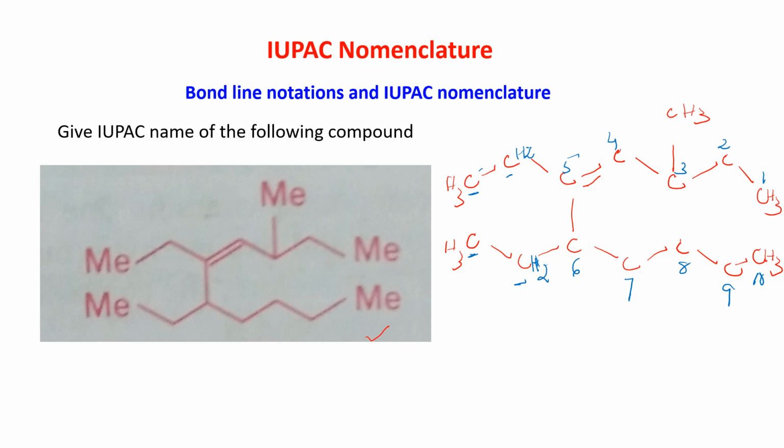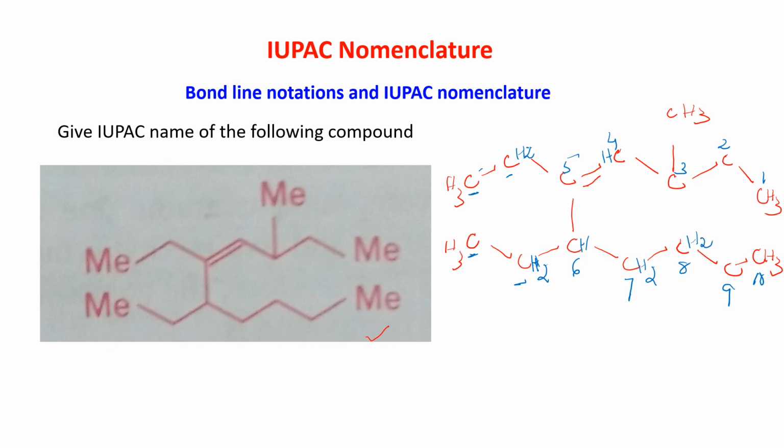Now come for the carbon number 5. Now this carbon number 5 is having all 4 valencies satisfied. Now see carbon number 6. Carbon number 6, only 1 hydrogen will be required. Come for carbon number 4. Carbon number 4 is having 3 valencies satisfied, so here 1 hydrogen will be required. Now come for carbon number 7. This is 2 valencies satisfied, so 2 hydrogen will be required. Come for carbon number 8. This is also 2 valencies satisfied, so H2 will be required.